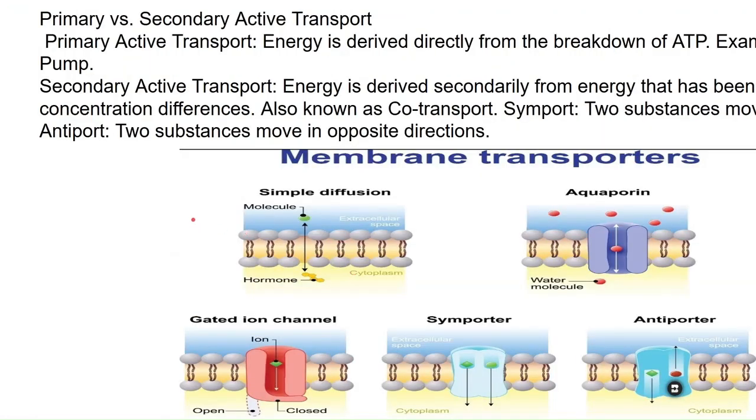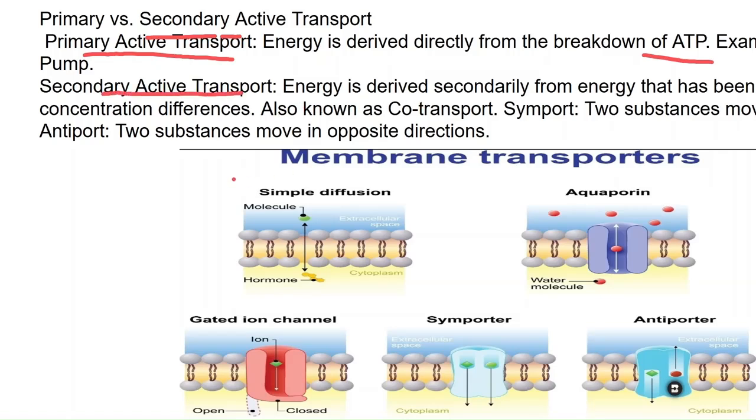Now let us learn about primary and secondary active transport. What we learned, the sodium potassium pump, is actually the primary active transport, where ATP is used. But we have secondary active transport where ATP is used indirectly.